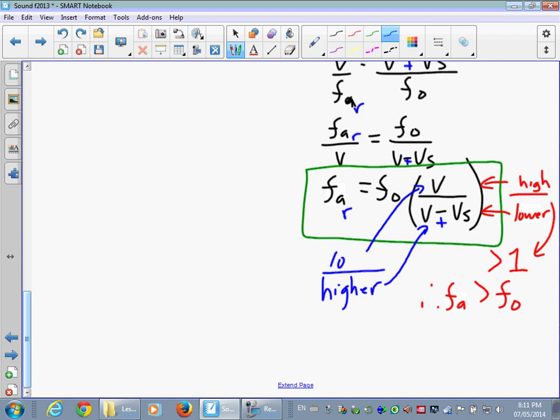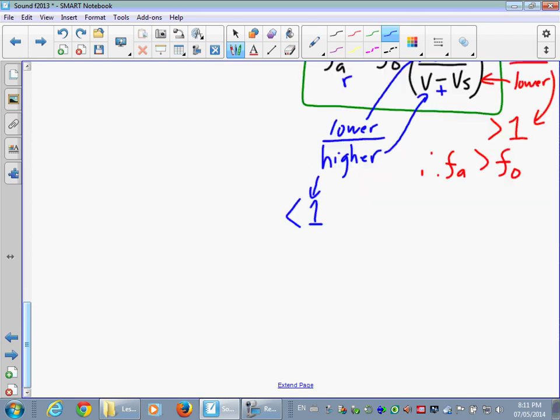And this one is going to be a lower number, which means that this fraction is less than 1, and therefore the receding frequency has to be less than the original frequency, and that's why the sound has a lower frequency. That's why the tone seems to go down.